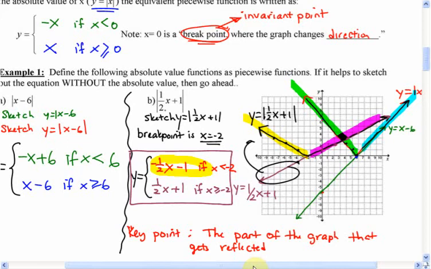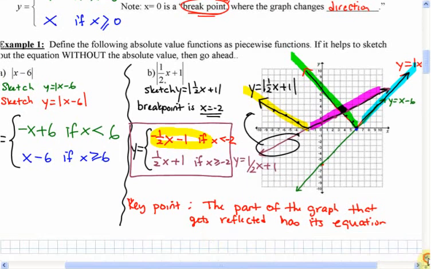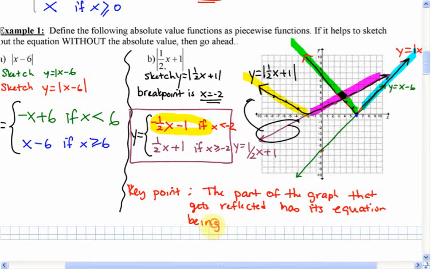What happens to the equation? All negative. Yeah. Multiplied by negative. The part of the graph that gets reflected has its equation being multiplied by negative 1.